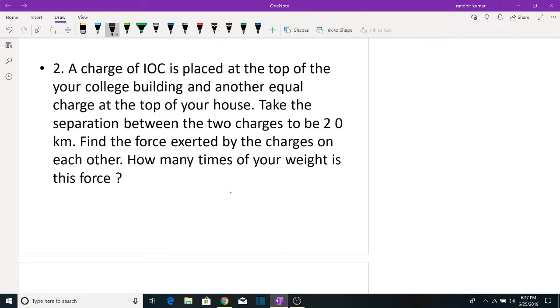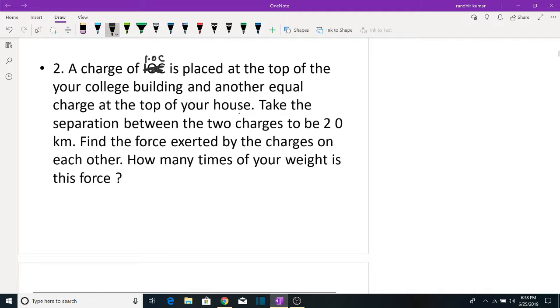Second question. A charge of 1.0 coulomb is placed at the top of your college building, and another equal charge at the top of your house.